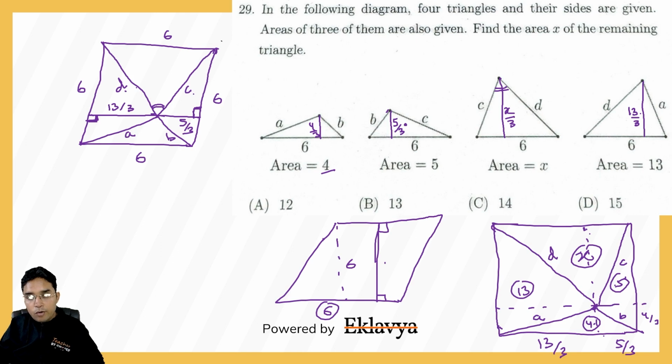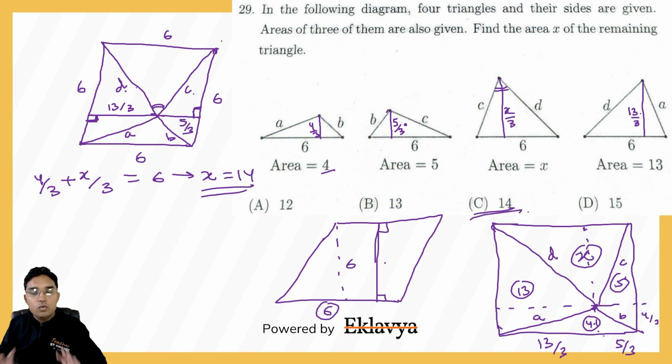Actually, sum of heights of these two triangles should be same. So I could have done this the other way, that this will be 4 by 3 plus x by 3 will be equal to 6. So from there you will be able to get this x to be 14. So this is how they have given this answer to be C.